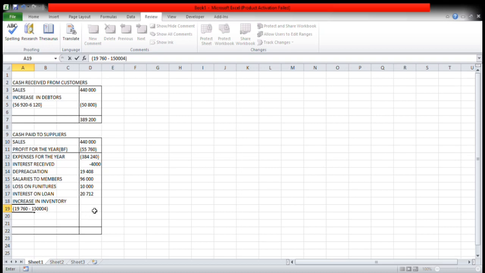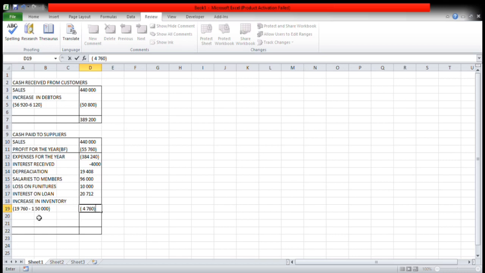Then the difference we got, because it's an increase, must be indicated inside the brackets. It's going to be negative 4,760.